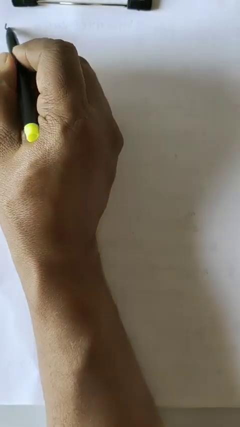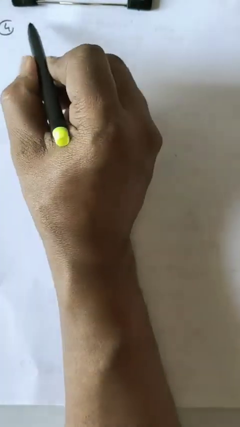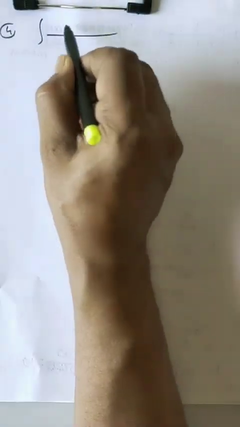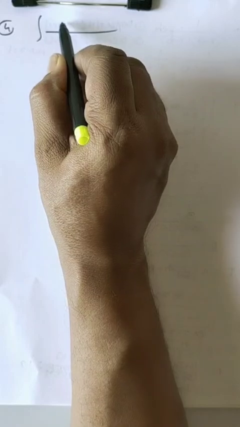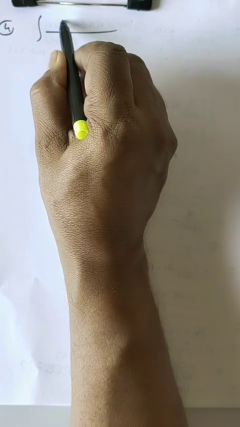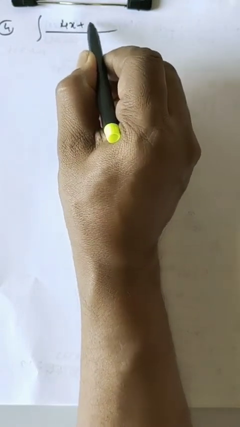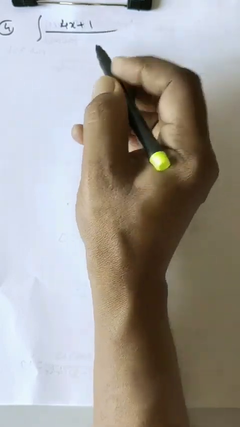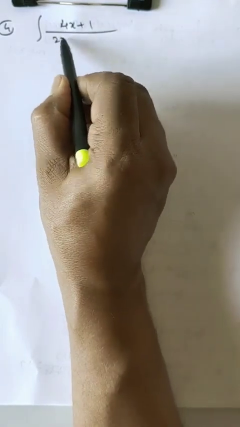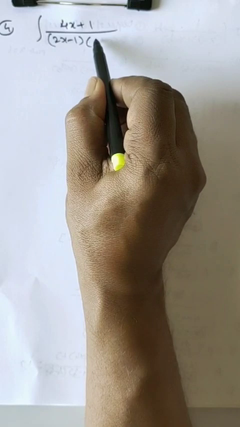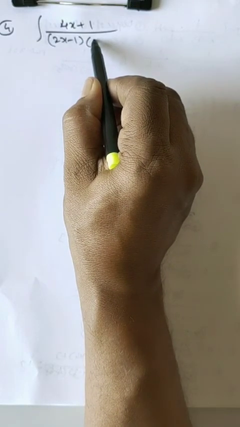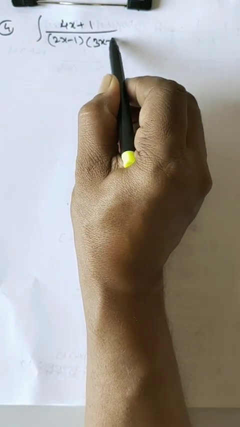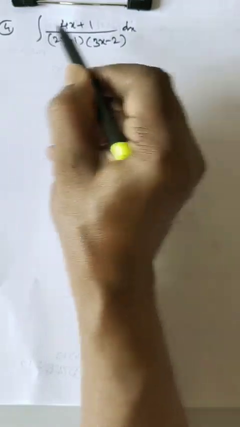Example number 4. Integration of 4x plus 1 upon 2x minus 1 into 3x minus 2 dx.